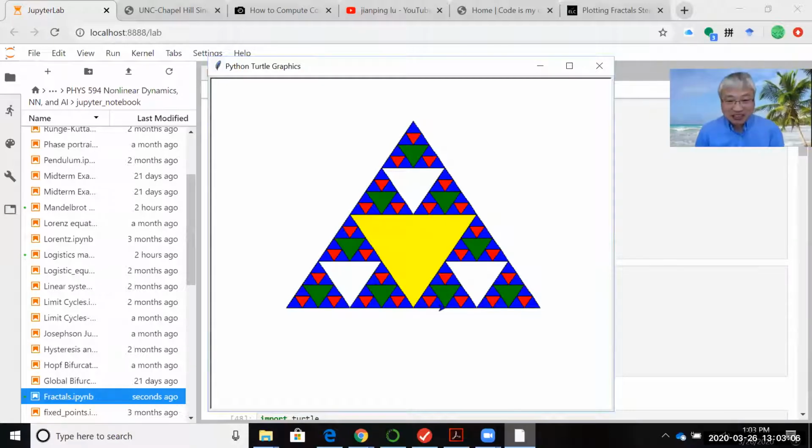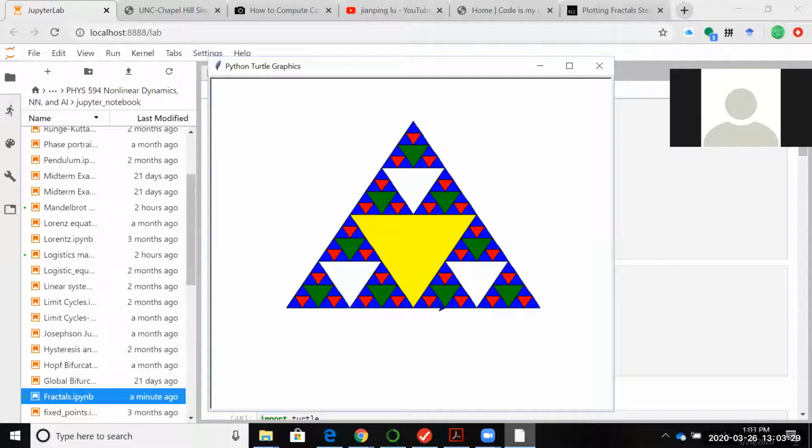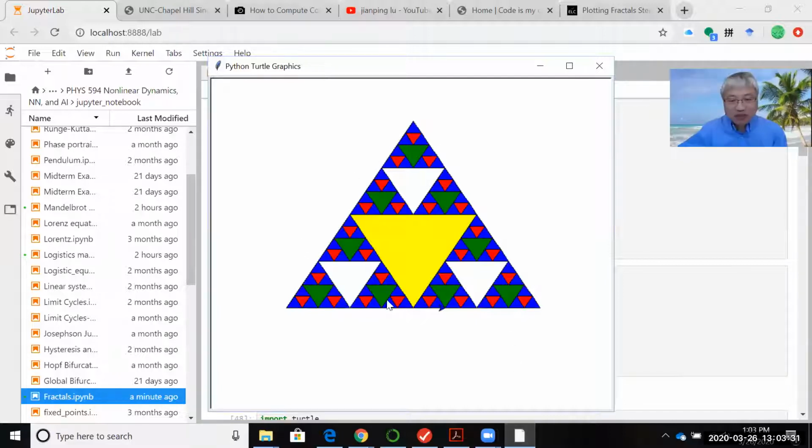But this one, I reduce the factor by 2, right? It's not log 4 over log 2. I reduce the factor by 2. How many copies of itself do we get? 3. So therefore, the dimension of this one is log 3 over log 2.